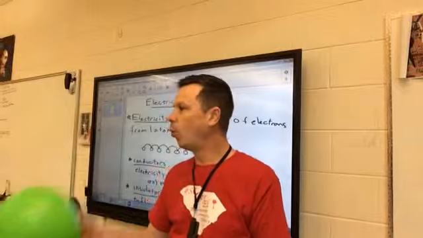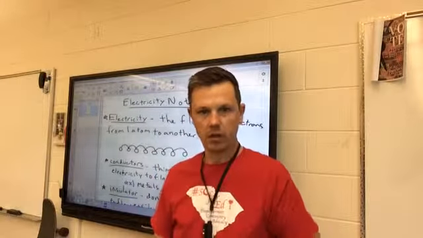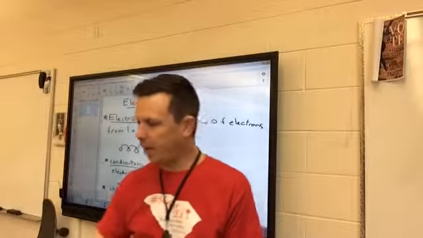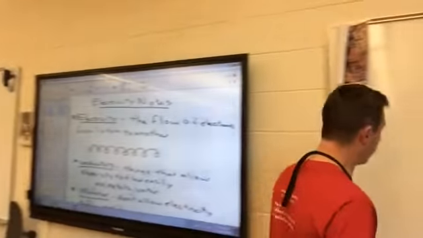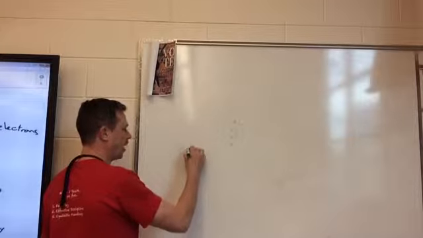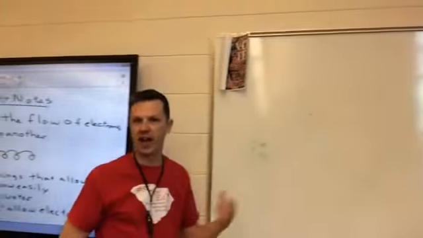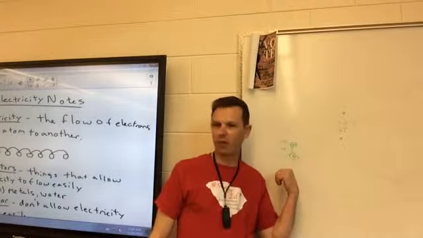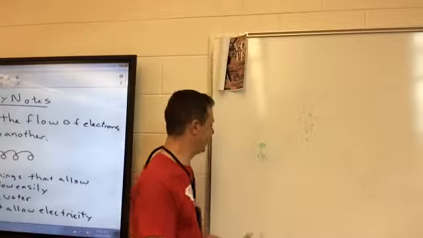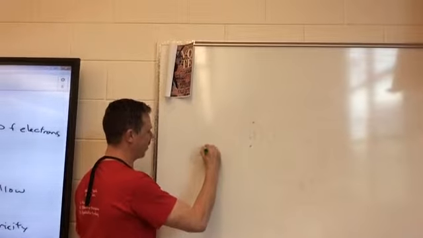Water's a polar molecule. Can anybody explain to me what that means? Yes. So it has a positive end and a negative end. If you're looking at a water molecule, it's going to have a negative oxygen atom and two positive hydrogen atoms. And it's built sort of like Mickey Mouse. You with me? If we took this one and put it up here, it would be Mickey Mouse, right?